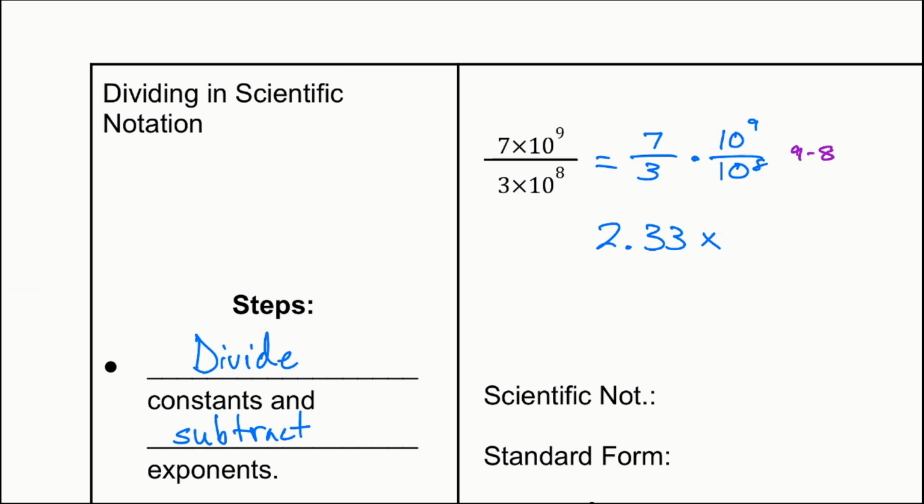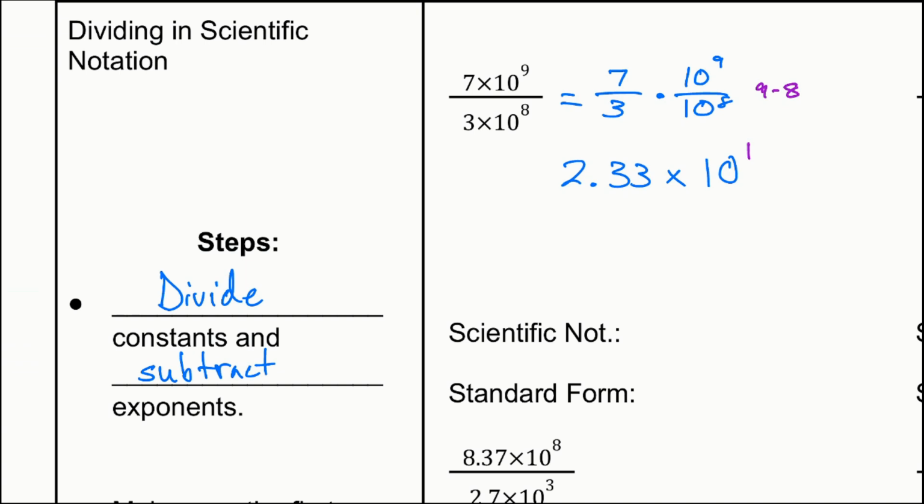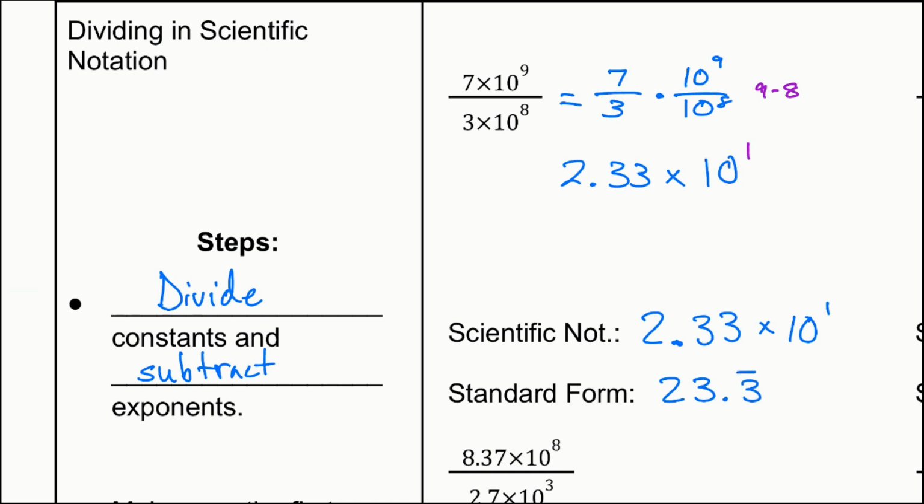For our exponents, this is going to get you 10 to the first power with that 9 minus 8. And that's it. It's in standard form. It's in scientific notation. This is 2.33 times 10 to the first. And in standard form, we're just moving our decimal to the right one because of that exponent. So it'd be 23.3, and really it would be repeating, but I'm all right with that.